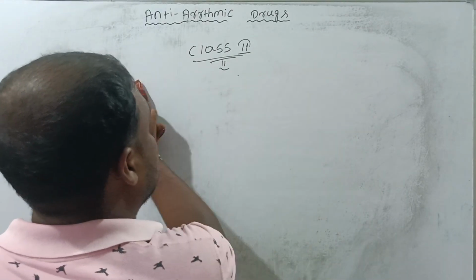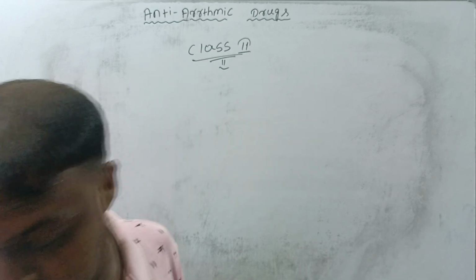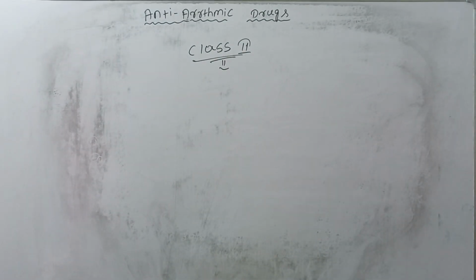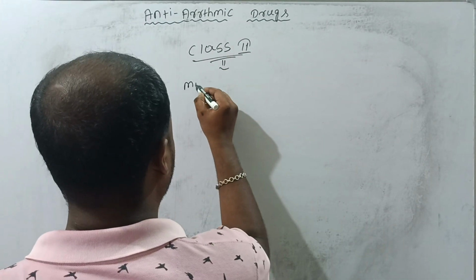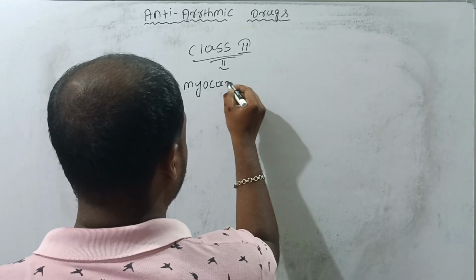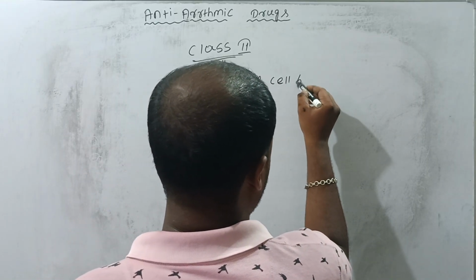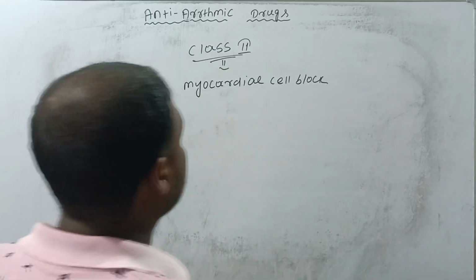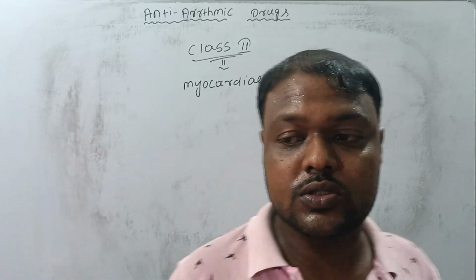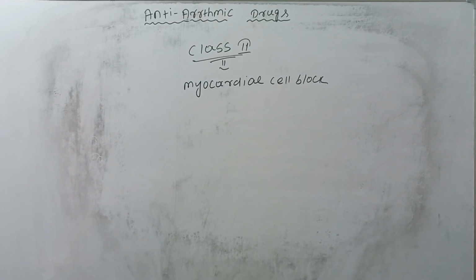The class 2 antiarrhythmic drug also causes myocardial cell block.